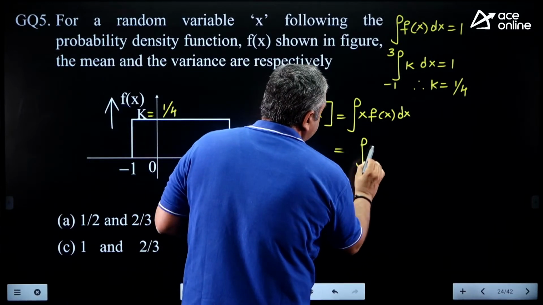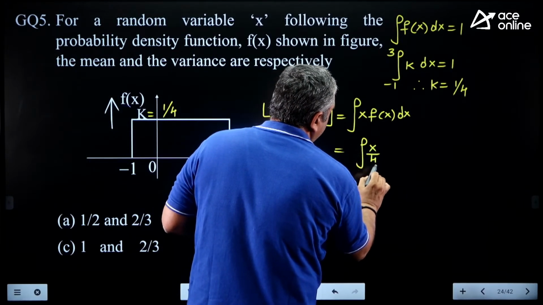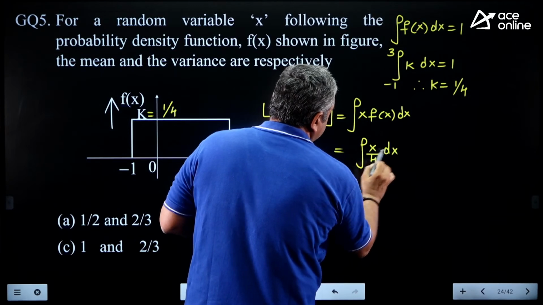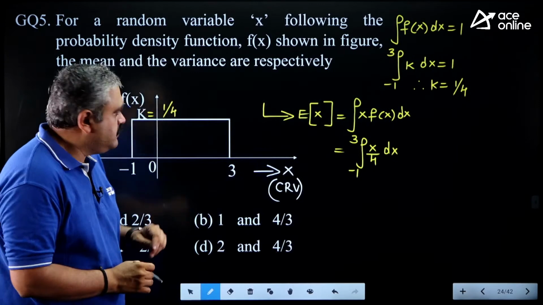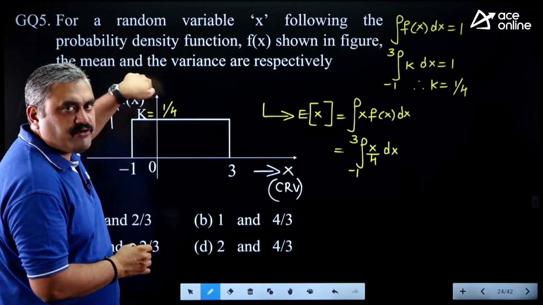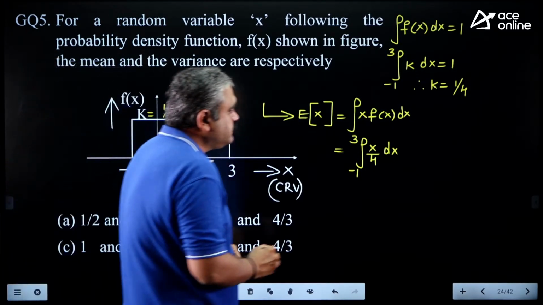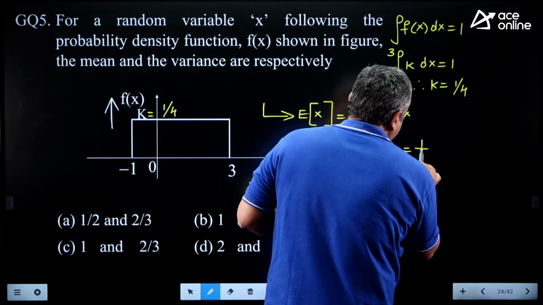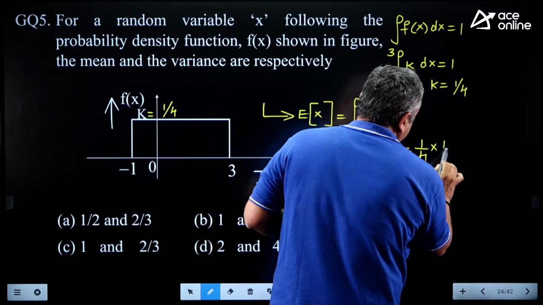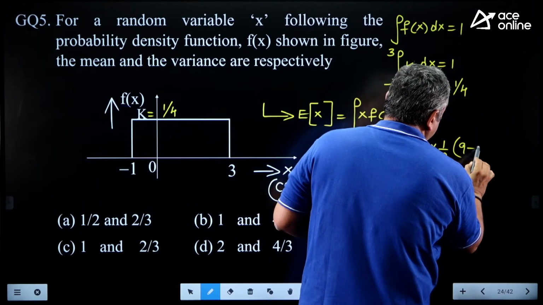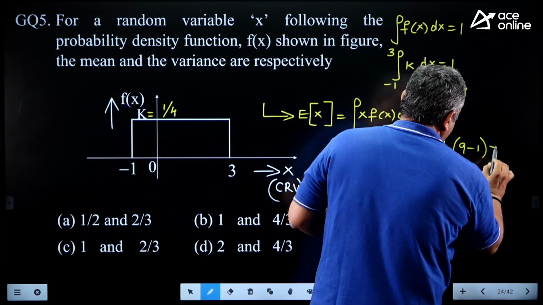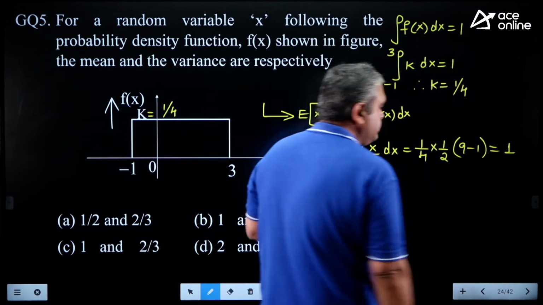Integral x into f of x, which is 1 by 4, dx, and the limit on x is from -1 to +3. That y-axis is nothing but your f of x, which is equal to 1 by 4. So this value will be 1 by 4. The integral of x is x square by 2. X square when you integrate, it will be 9 minus 1. So this will be 8 by 8, equal to 1.